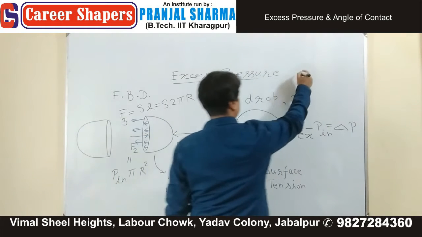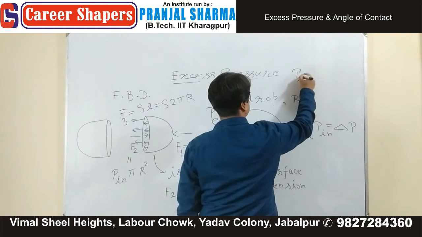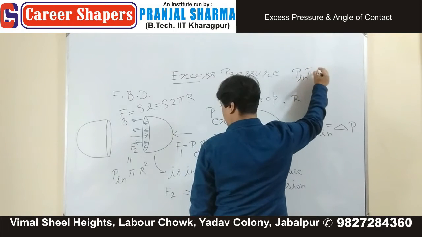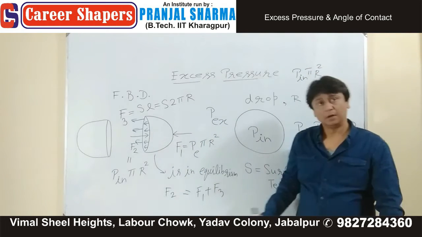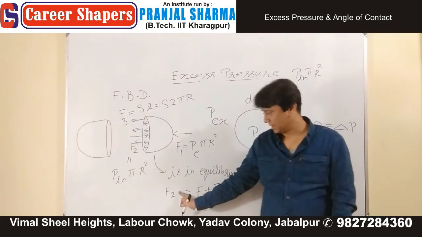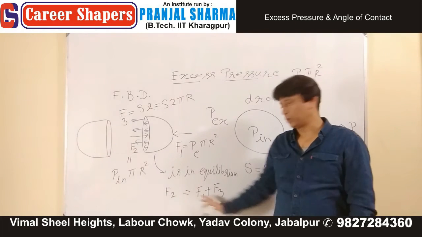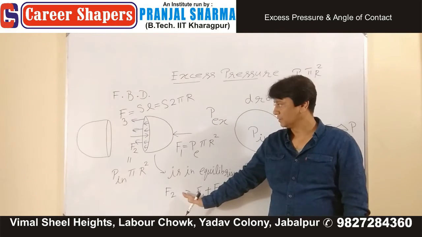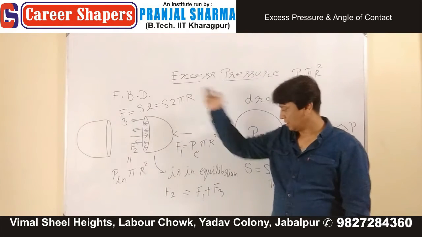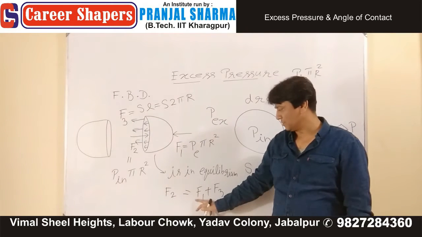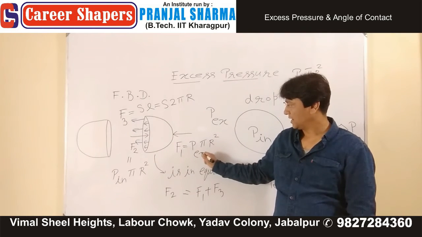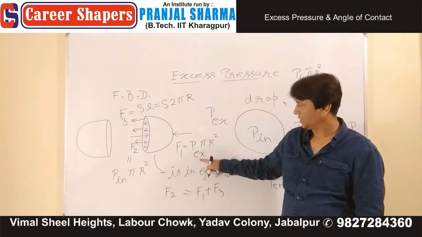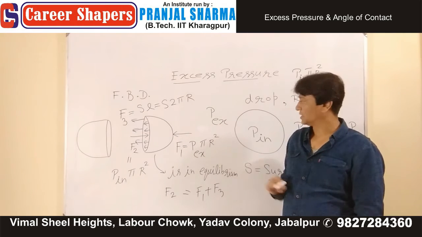P internal into pi r square minus F3. Shift this F1 over here, basically. This was P external, P external.